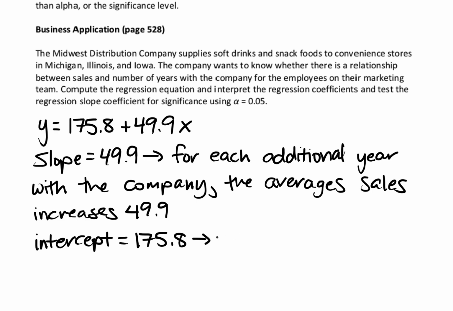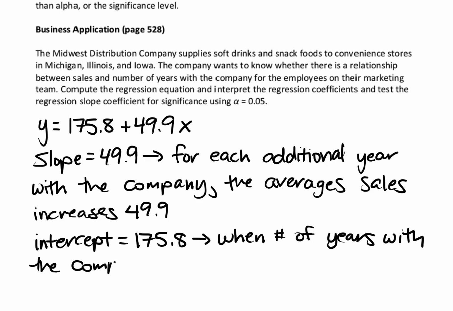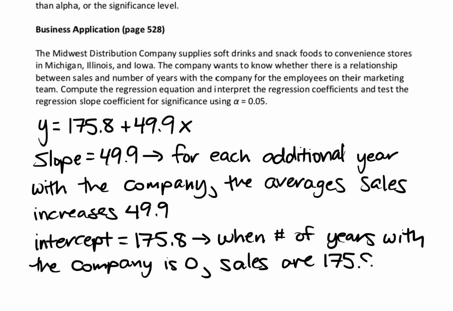And that means that when X is 0, or when number of years with the company is 0, these sales are on average 175.8. So that's what the regression coefficients are.